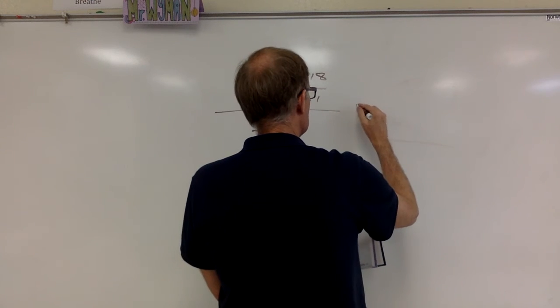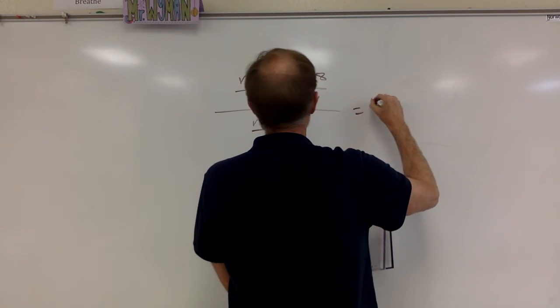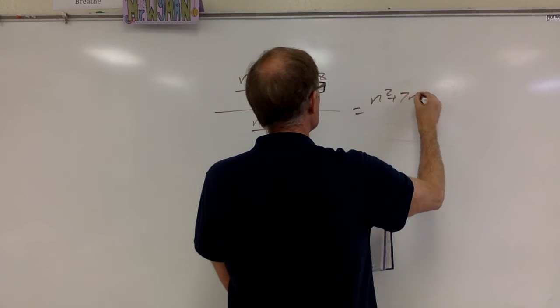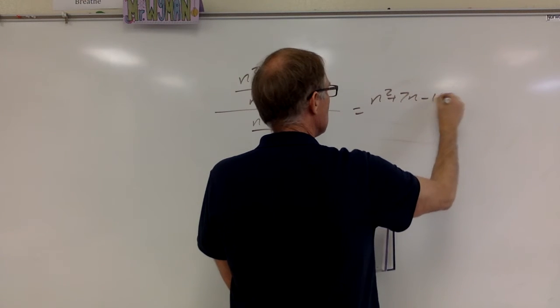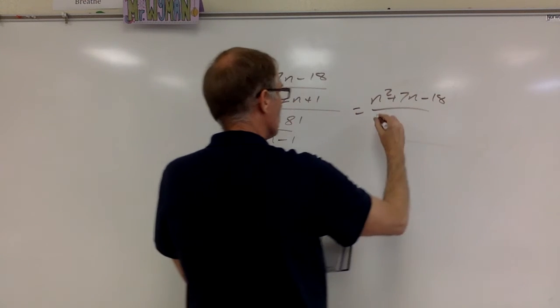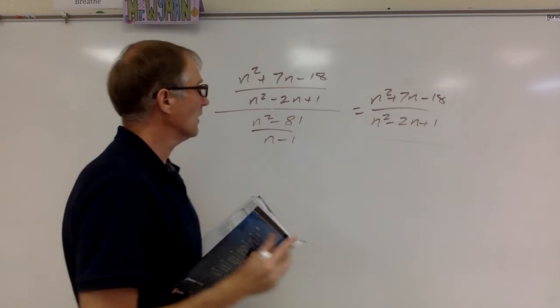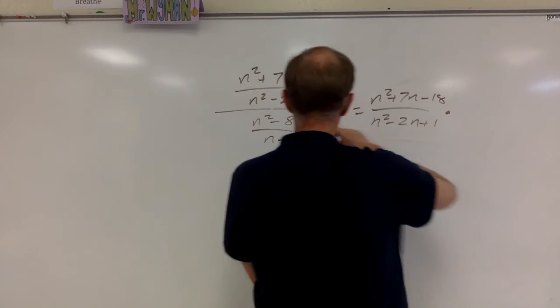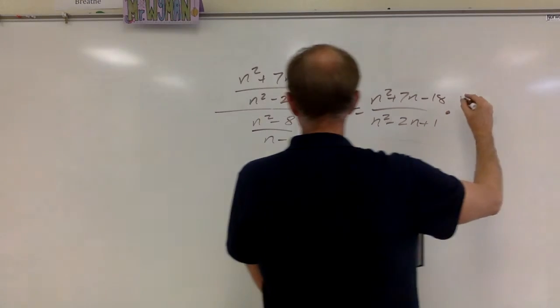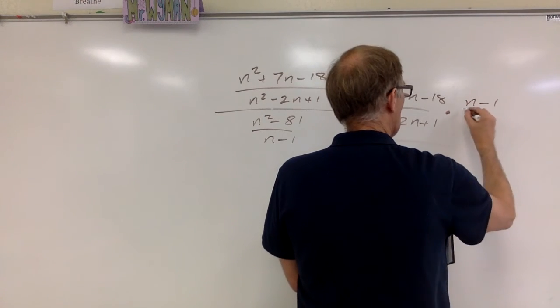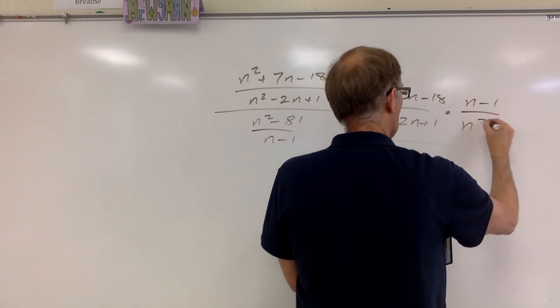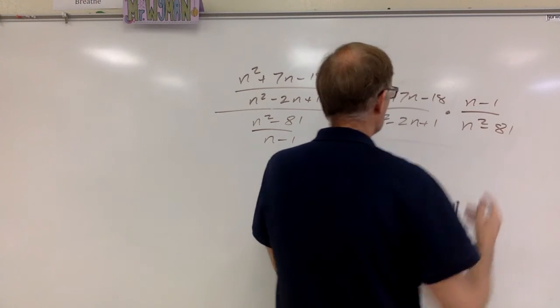So let's rewrite these things. N squared plus 7n minus 18 all over n squared minus 2n plus 1 times, flip that over, n minus 1 all over n squared minus 81.